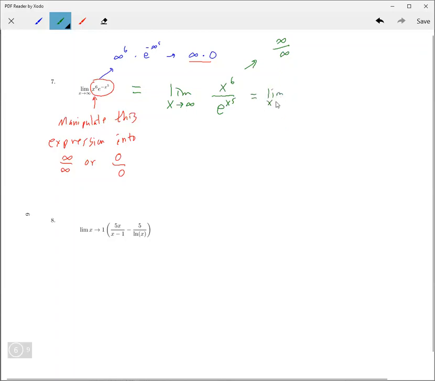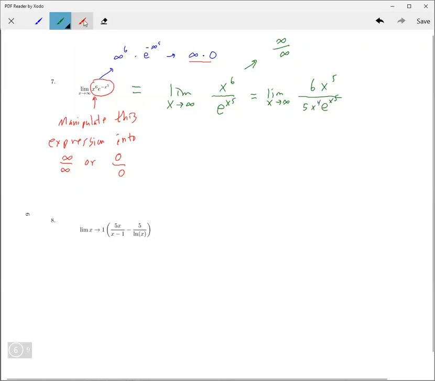So we'll go ahead and do that. The derivative of x to the 6th is 6x to the 5th. The derivative of e to the x to the fifth is going to be e to the x to the fifth times the derivative of x to the fifth, which is 5x to the fourth.